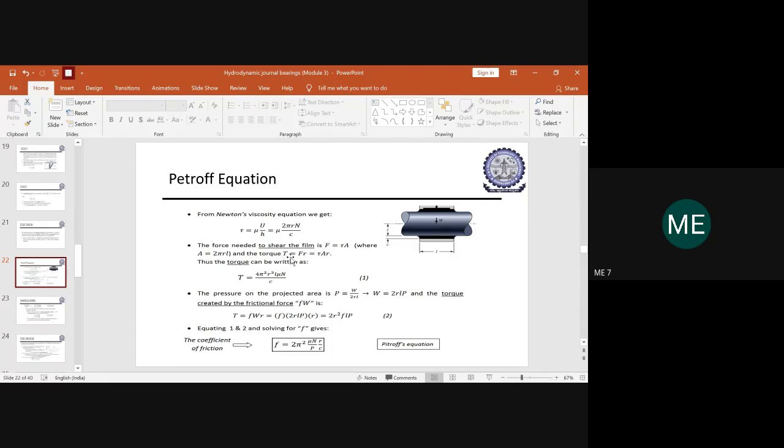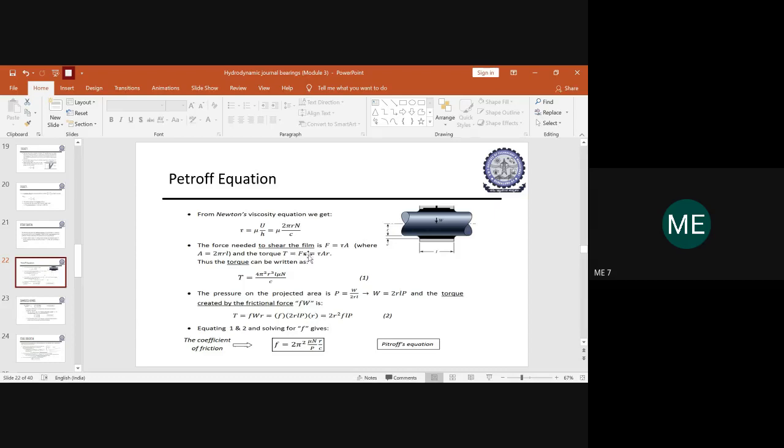The same thing will now be used to get the value of the torque. Torque will be equal to the force needed to shear the film into r. What is r here? R is the radius of the given shaft. So this is how you will write the equation.